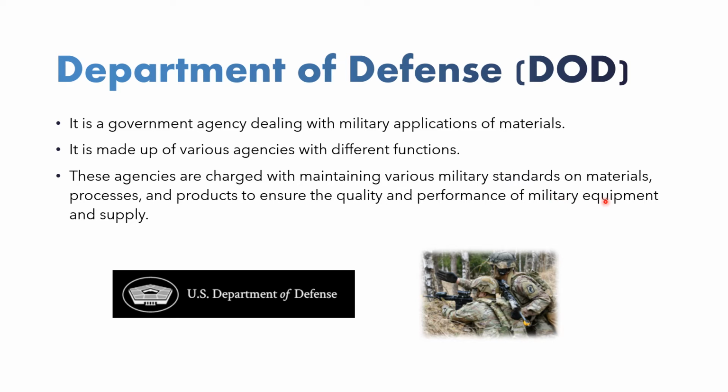So what are they doing? Standards for materials, processes, products. And every time you deal with a standard, what we're trying to do is maintain and improve the quality and performance of military equipment and supply.